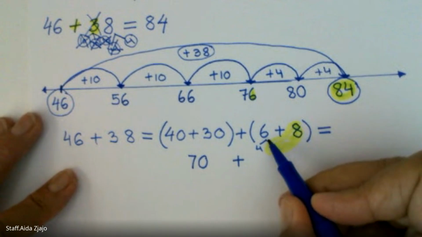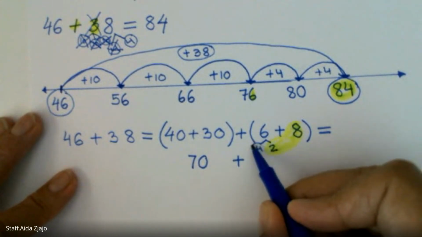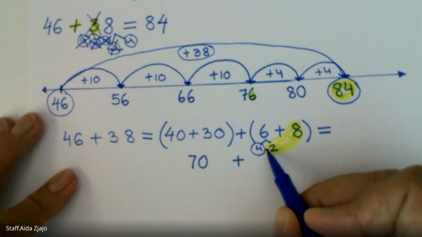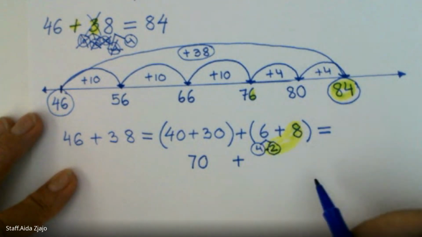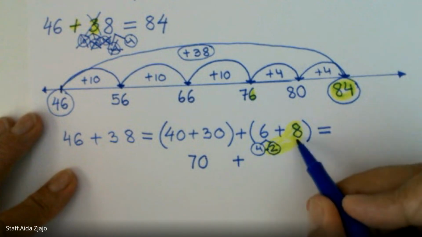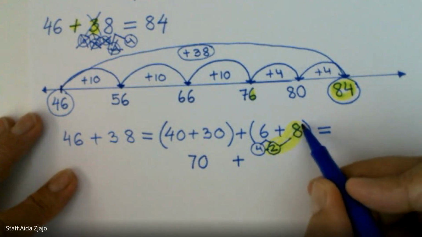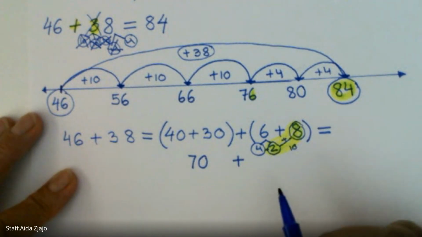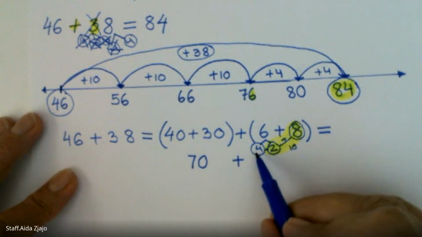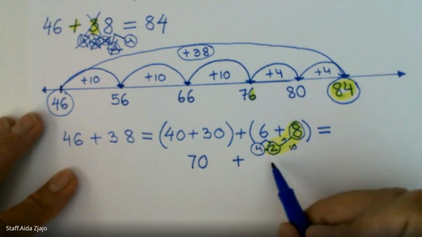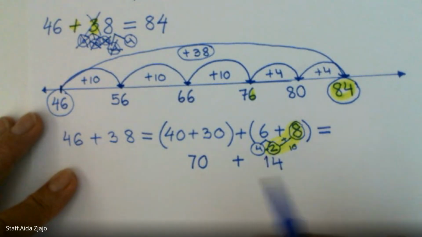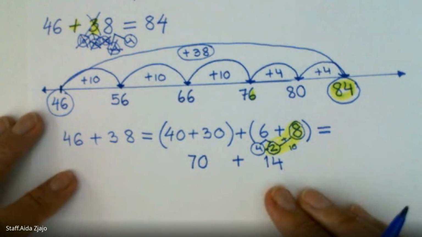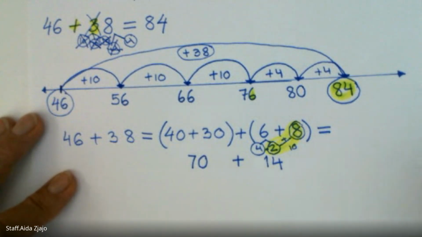So if I decompose 6 into 4 plus 2, I can add 2 and 8 together, and that will make 10. So I will have 10 and 4 makes 14. Now I have 70 plus 14 to add as my final answer.